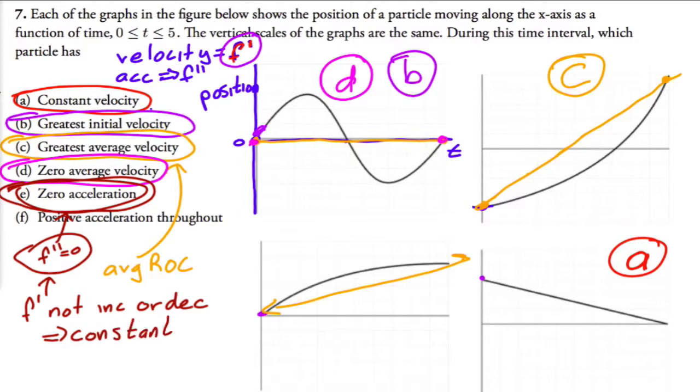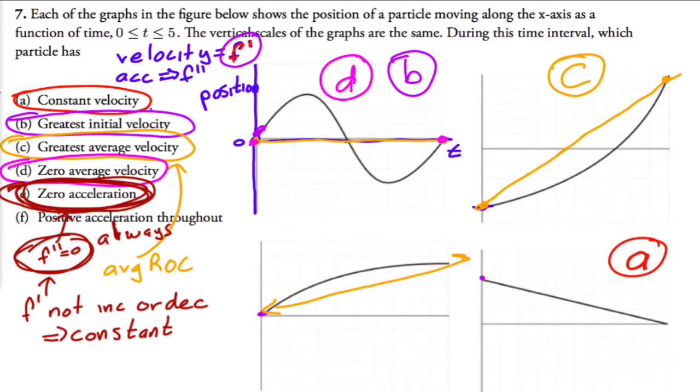So if it's 0 acceleration throughout, if it's always 0, then that means that the second derivative is always, not just at one point, but throughout the whole time, equal to 0.